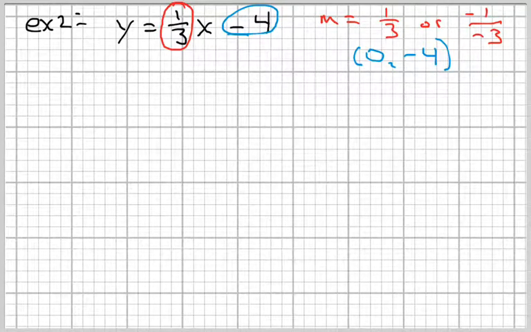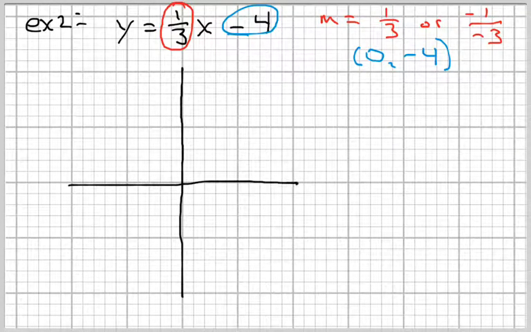Now that I know all the information I need in order to graph, I can go ahead and make my graph. So first I need to plot my y-intercept. So (0, negative 4) is this guy right here. And then we need to go ahead and use our slope.